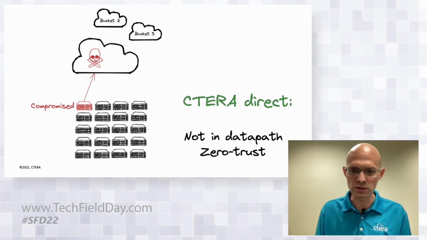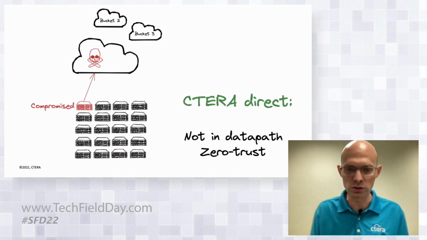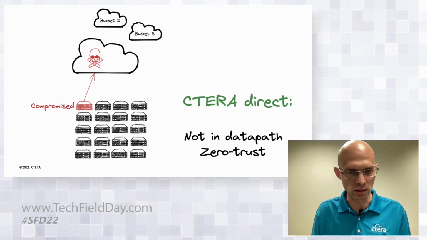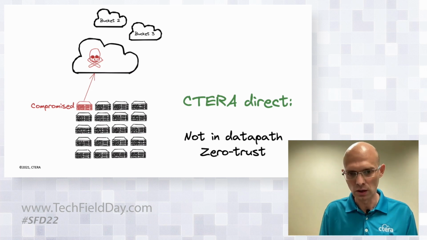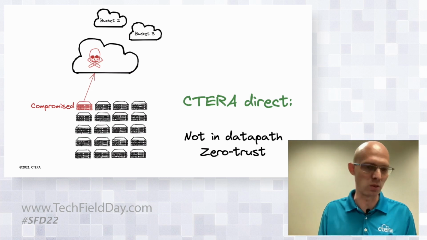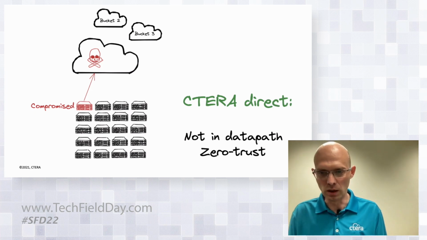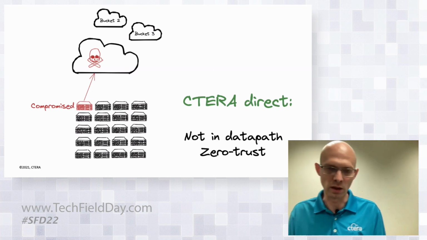So CTERA's architecture is a zero trust architecture where we don't trust the edge devices. We never provide privileged credentials to these devices so they can access the object storage. If we would do that, the compromised device would just connect to the object storage and delete everything, and you don't want that. So it's much more secure. It's not in the data path.